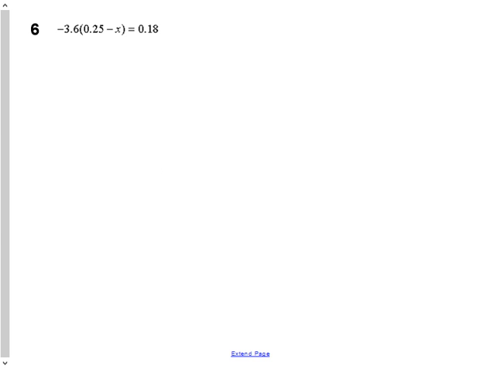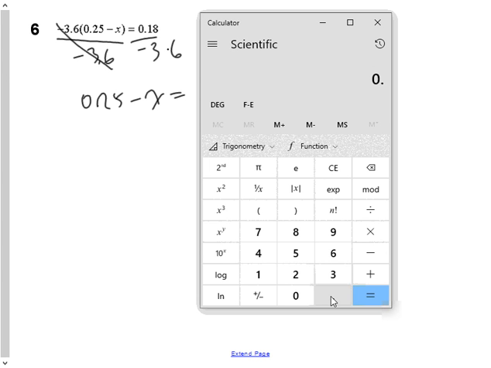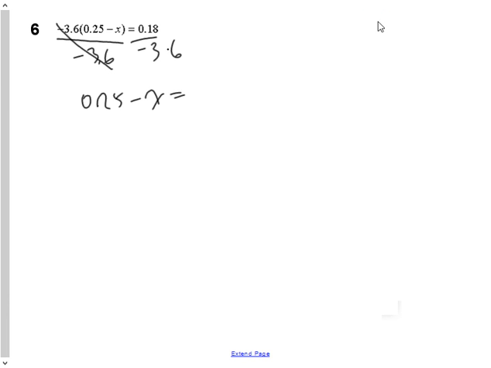Question 6, division first. Divide both sides by negative 3.6. And 1/4 minus x is equal to a half. Of course it is, because it's half of a 3.